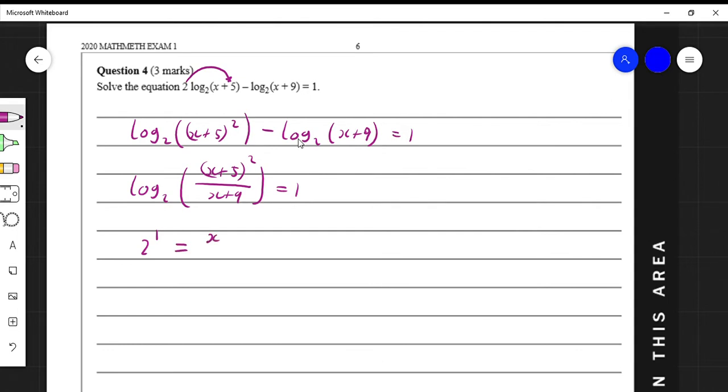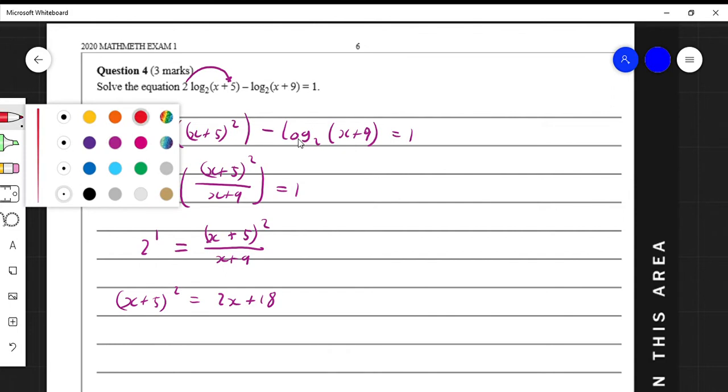Another way to think about this is you're raising 2 to the power of both sides, and then the log comes down. So you get x plus 5 squared over x plus 9 equals 2, and then multiply the x plus 9 over, get x plus 5 squared equals 2x plus 18.